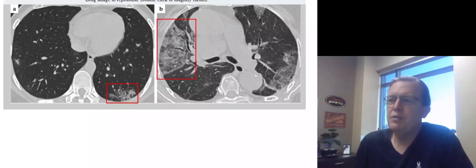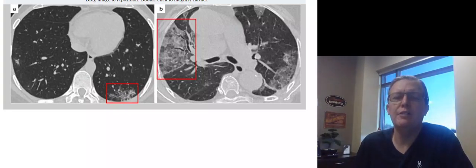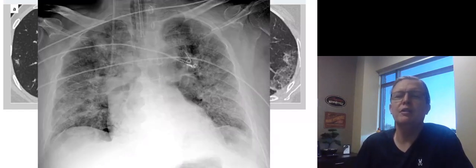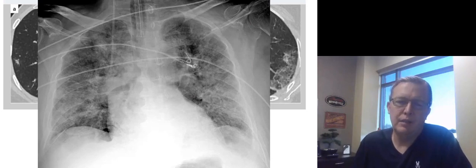These pictures are just here for you to get an idea in your head of what ground glass opacities look like. The boxed in areas are CT images of portions of the lung that have ground glass opacities in them. And this is a chest x-ray, where it just looks like somebody has taken a piece of glass with diamond and roughed it up.